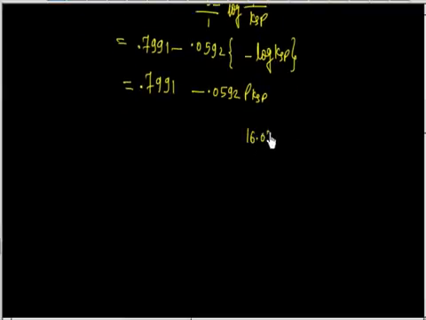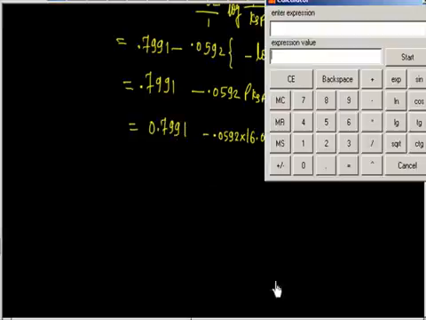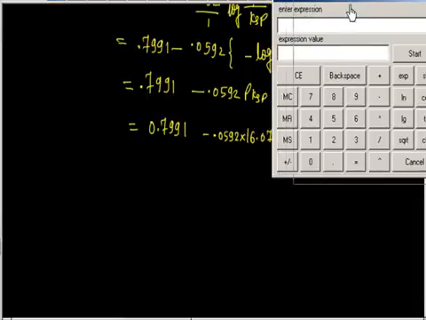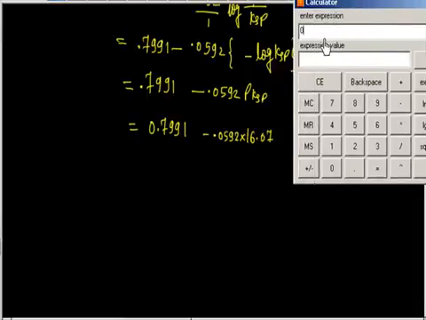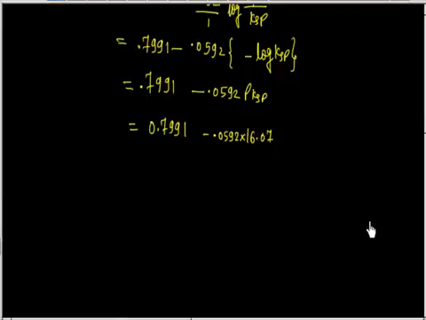So plug in the value of pKsp: 16.07 multiplied by 0.0592, and this has to be subtracted from 0.7991. Let us do this calculation and see what comes out to be. You have 0.7991 minus 0.0592 multiplied by 16.07.